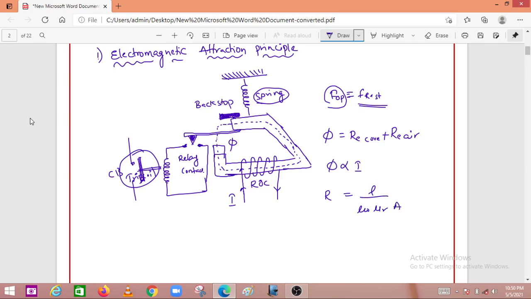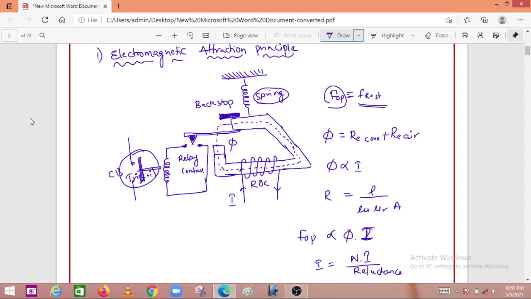The operating force is directly proportional to flux into current, so the operating force is directly proportional to flux into I. The flux will be ampere turns divided by reluctance, where the reluctance is that of the core as well as the air.